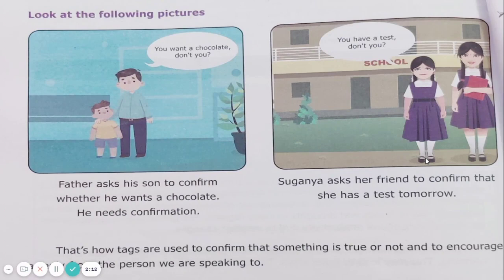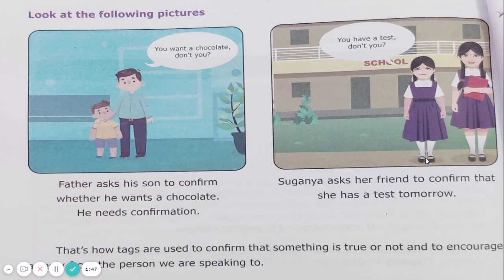Here, the positive statement "you want" has been followed by the negative tag "don't you". The father asks his son to confirm whether he wants a chocolate, so the sentence is a confirmation sentence. The father needs a confirmation from his son.